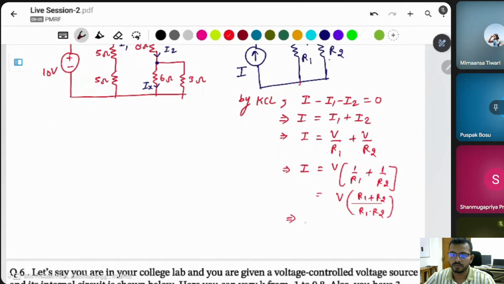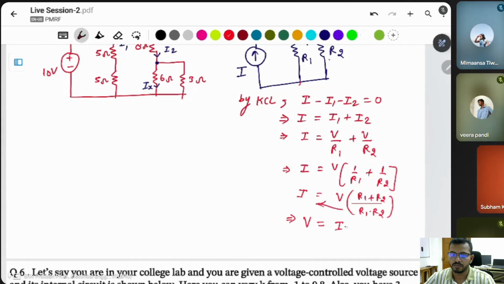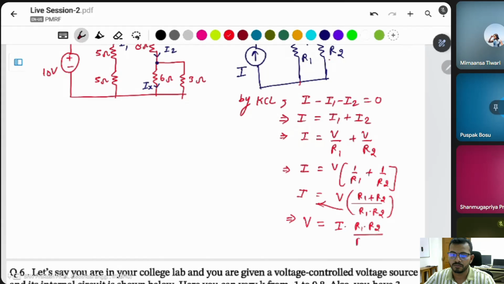In this case, what is the total voltage? Voltage is I into R1 into R2 divided by R1 plus R2.